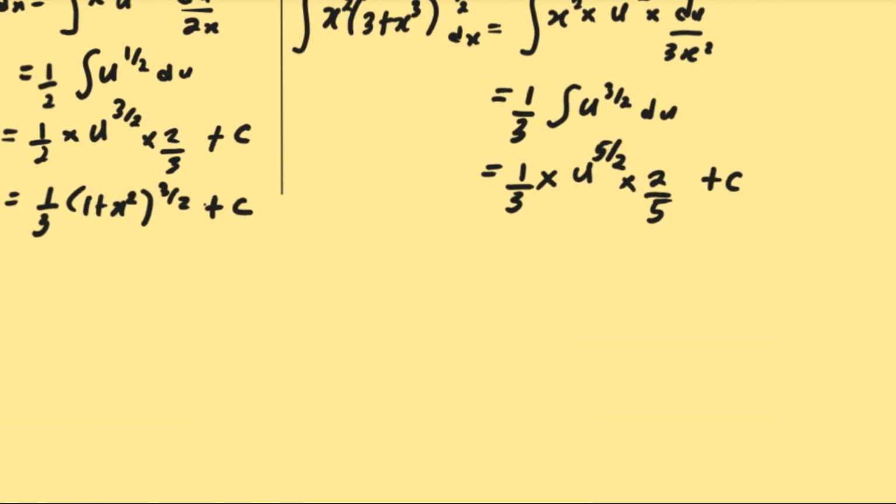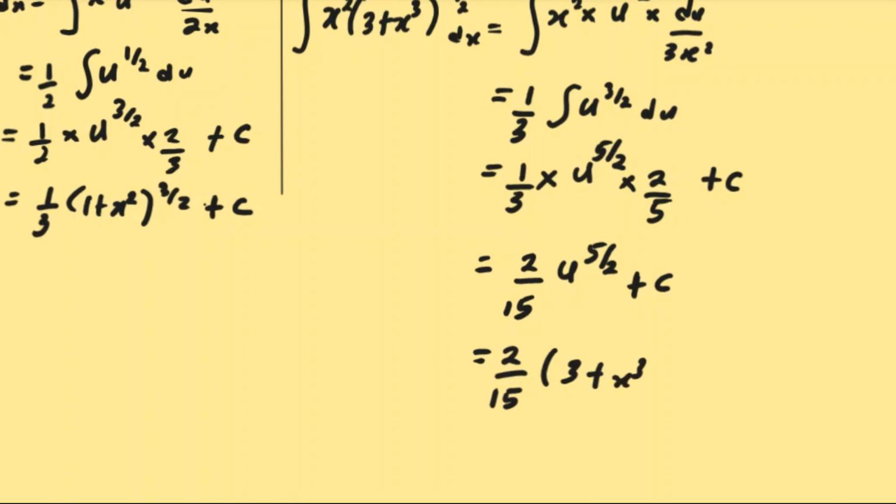So 1 over 3 times 2 over 5 will give us 2 divided by 15 u raised to the power of 5 over 2 plus an arbitrary constant c. Our u is 3 plus x raised to the power 3, everything raised to the power of 5 over 2 plus an arbitrary constant c. And that will be the final answer to that question.